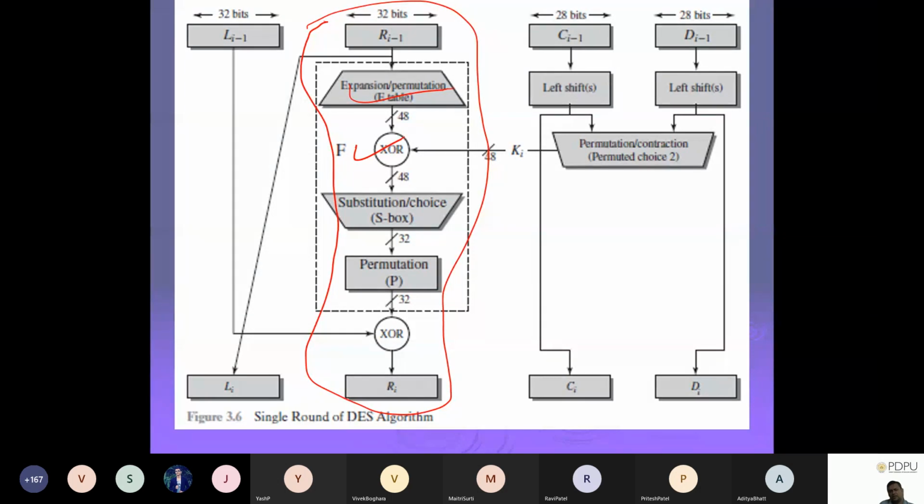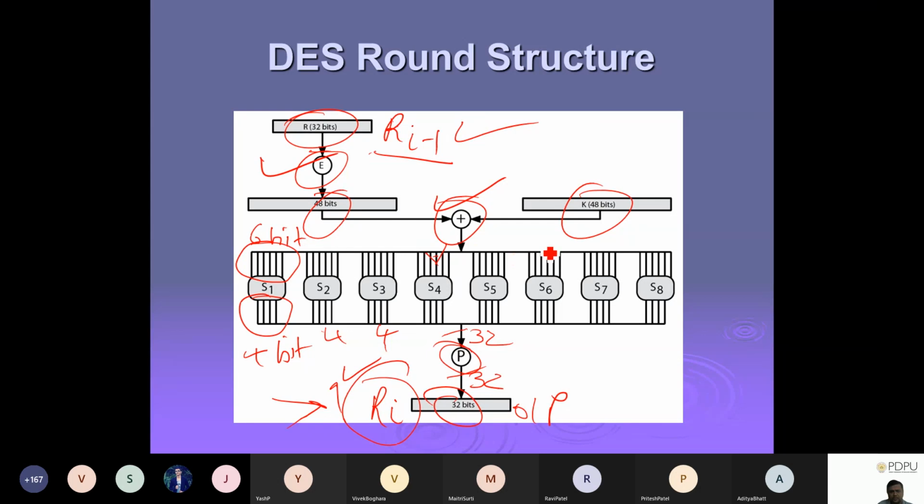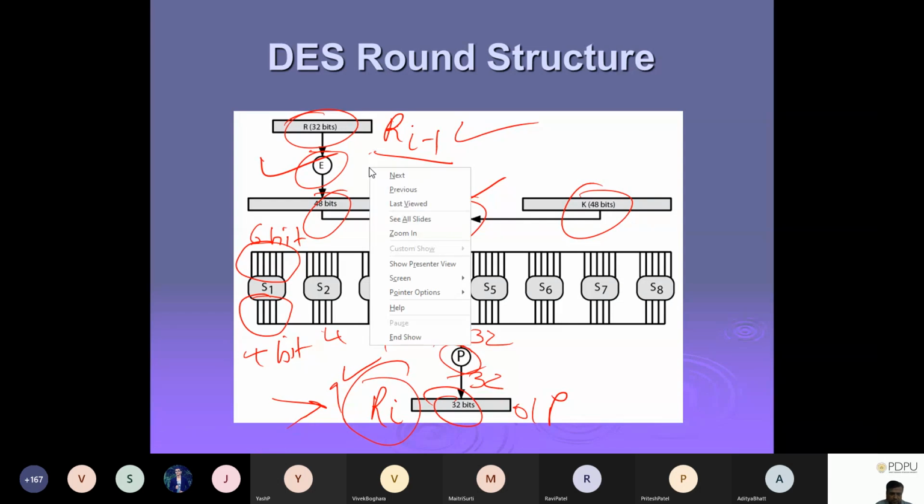Or did I miss anything here? I am claiming that this round, what I have done here, is the same as this diagram. Both are the same. Let me try to remove.